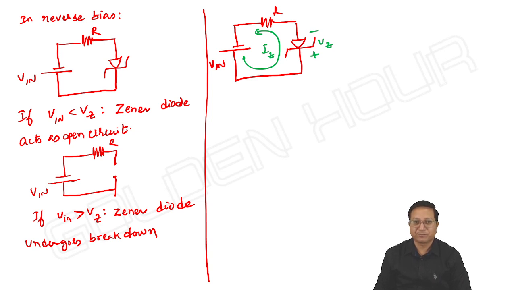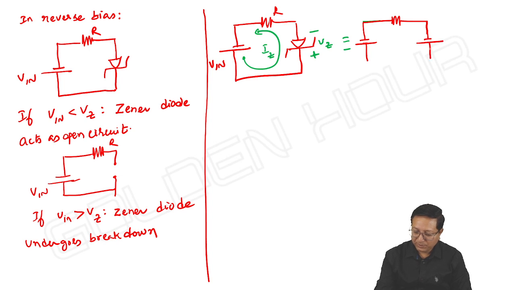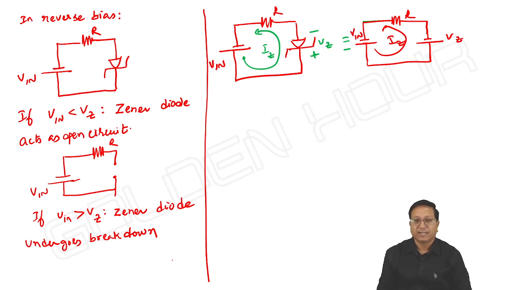This can be further written like this: polarities of the voltage source will be something like this, Vz, this current is Iz, R, and input voltage like this.